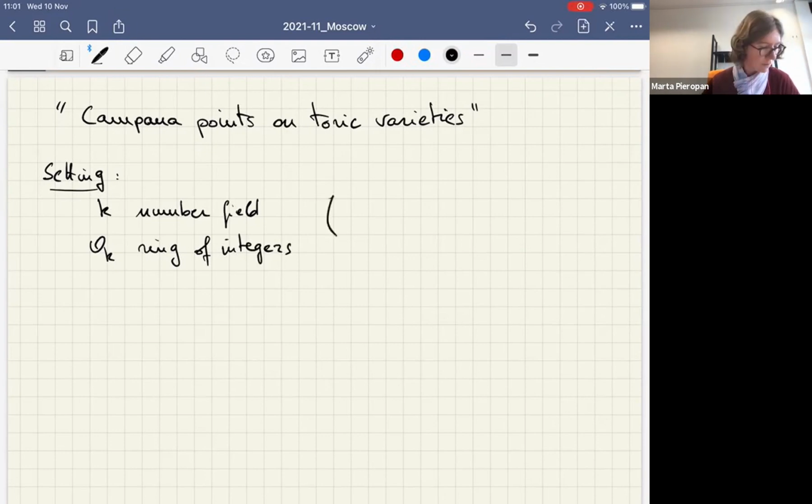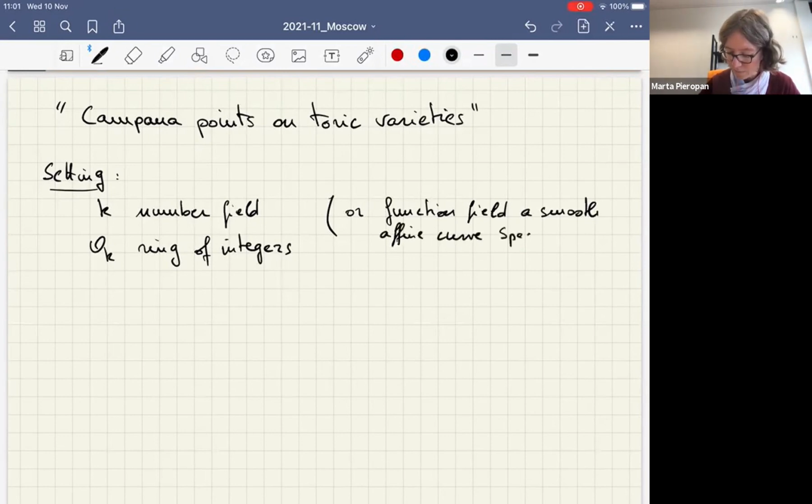So in particular, if you want, you can think in more geometric terms. Instead of K, think of the function field of a smooth affine curve. Say something like spec O_K, and then you see the relationship between the two.